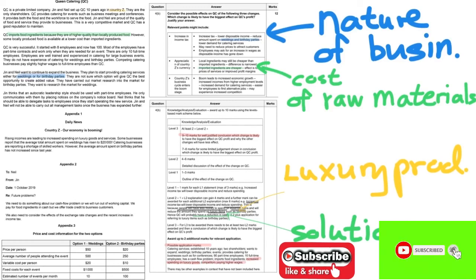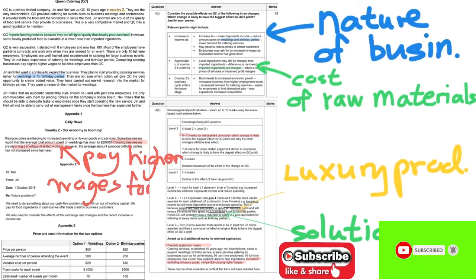So here, I would like you to highlight this one. For example, catering businesses are reporting a shortage of skilled workers. So that means competitors will pay higher wages for employees. On the other hand, if you look at the case, you will see how many employees you have.